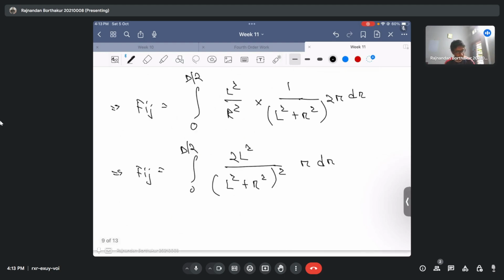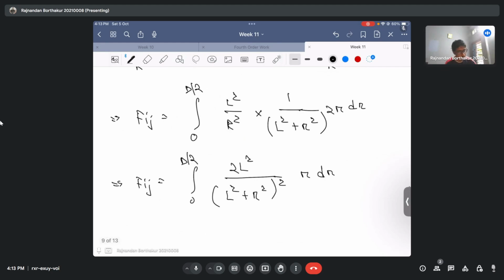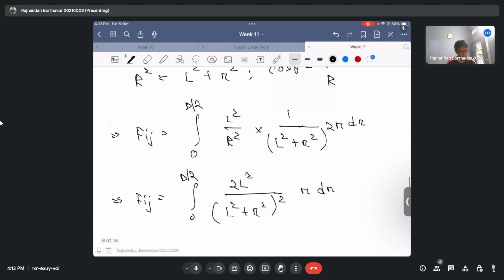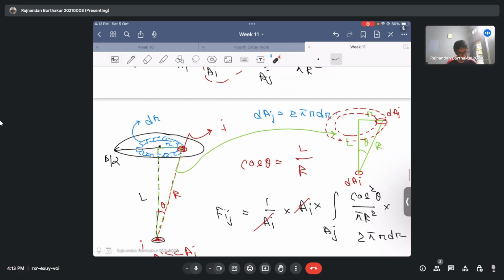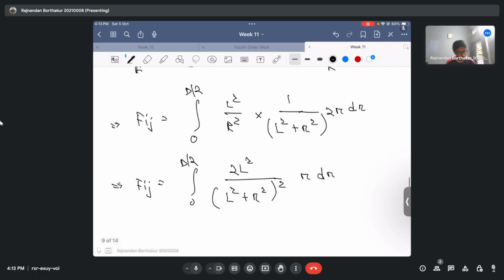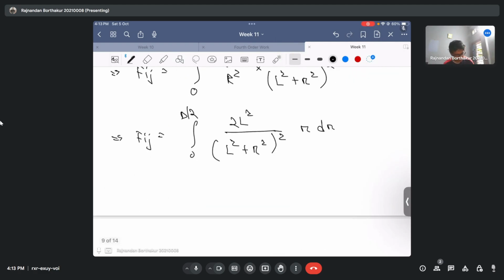So this 2L square basically comes out of the integral because this distance is fixed. That is typically because this distance is fixed. Okay, and that's why I can write Fij as 2L square times the integral from 0 to d by 2 of r dr by (r square plus L square) whole square.